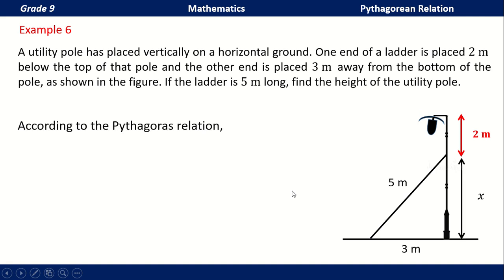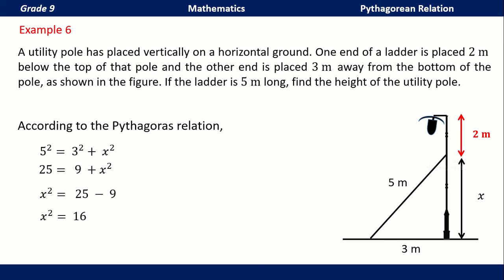According to the Pythagorean relation, you can write 5 squared is equal to 3 squared plus x squared. Then 25 is equal to 9 plus x squared. By simplifying this, by moving 9 to the other side, you will receive that x squared equals 25 minus 9, and x squared is equal to 16.